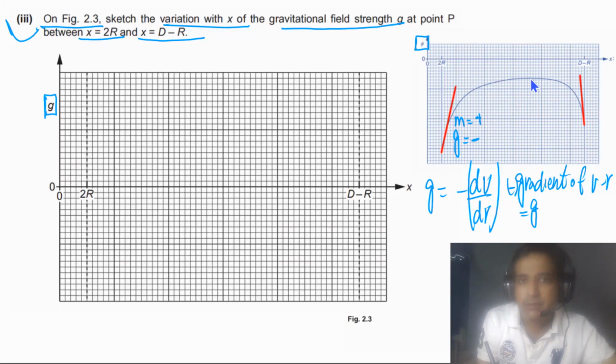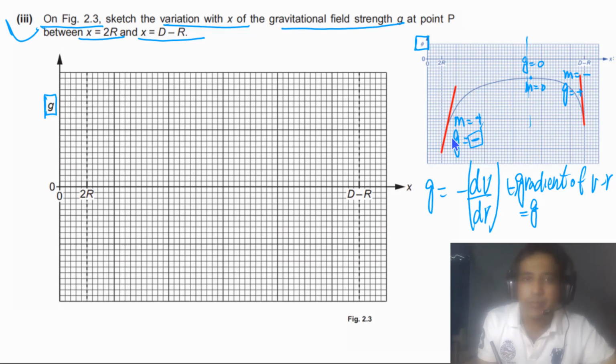And if you look at the gradient at this point, the gradient is equal to 0 because this is horizontal, so G has to be 0. If you look at this part, the gradient is negative, so G in this part has to be positive. So before this point G is negative, and after this point G is positive.